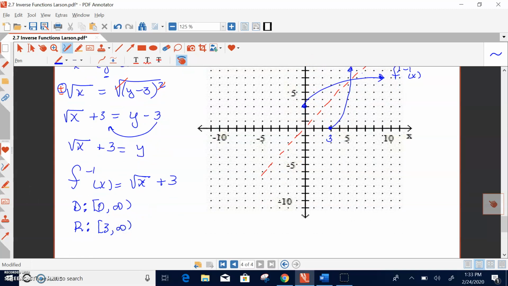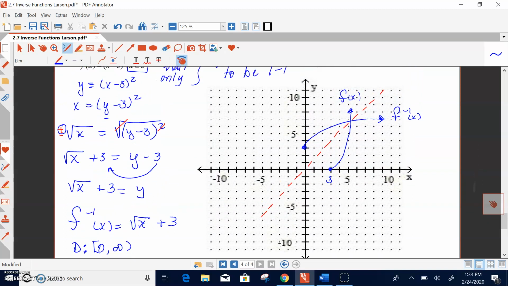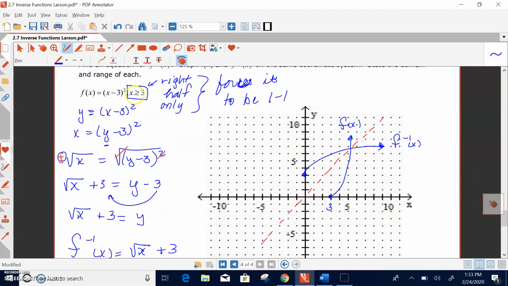Let's look at the domain and range for the original function f of x. So it is this half of a parabola. Well, what's nice is they already gave me the domain for that half of a parabola. It's x greater than or equal to 3.